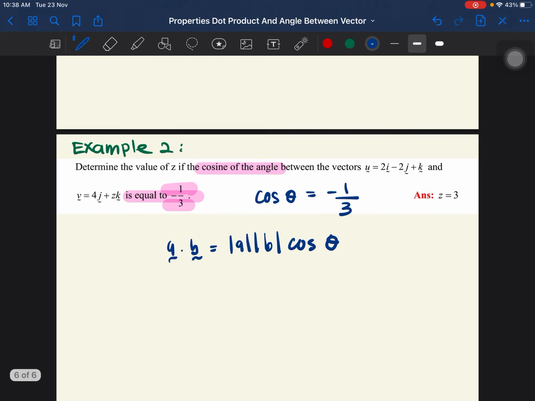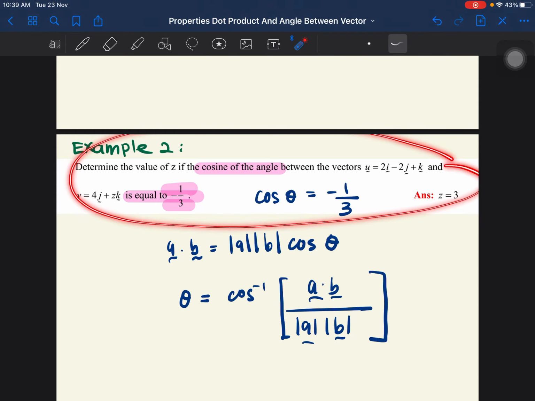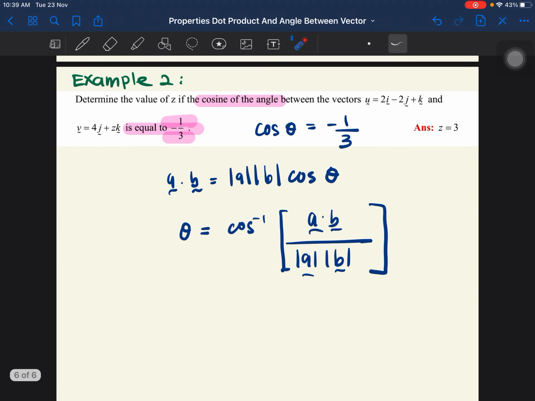So when we want to find the value of theta, we have cos inverse of A dot B over magnitude A multiplied by magnitude B. But in this problem, you are already given cos theta is equal to -1 over 3. So you will replace cos theta with -1 over 3 because we are going to find the value of the unknown.